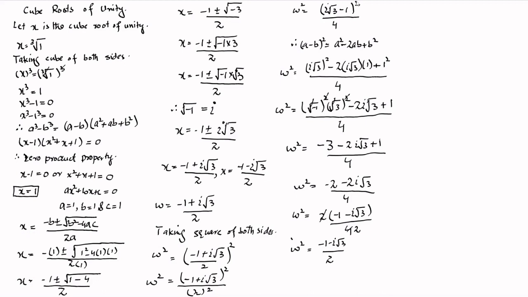So this root is equal to omega square. If this root is taken as omega, then the other root will be equal to omega square.